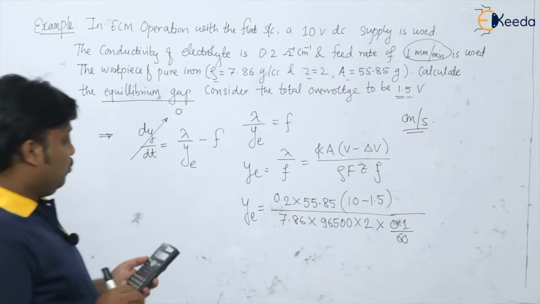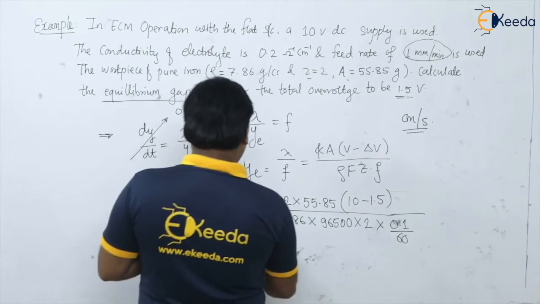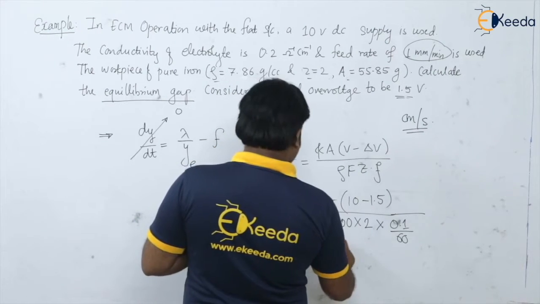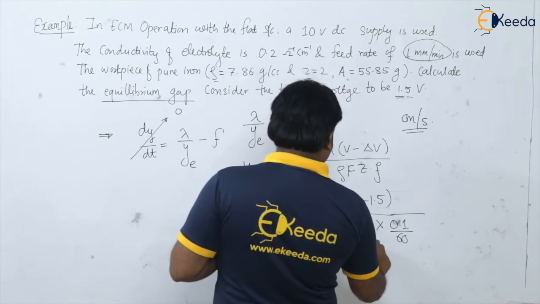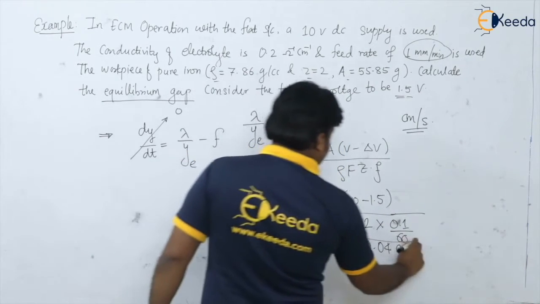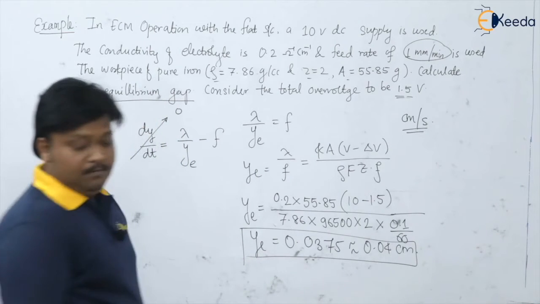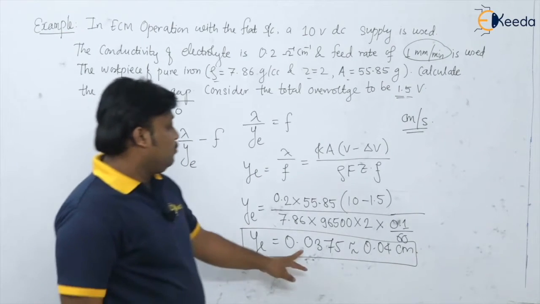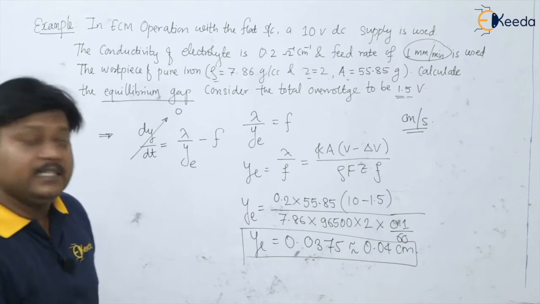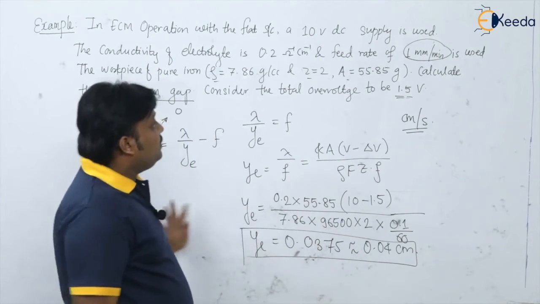So it will be 0.0375. Nearly I will take 0.04 centimeter. So this is our answer. What is the equilibrium gap? 0.04 centimeter. Let me check. Yes, it is correct. 0.04 centimeter.